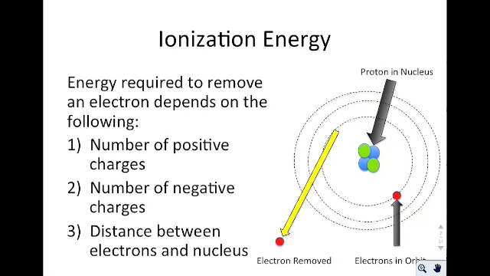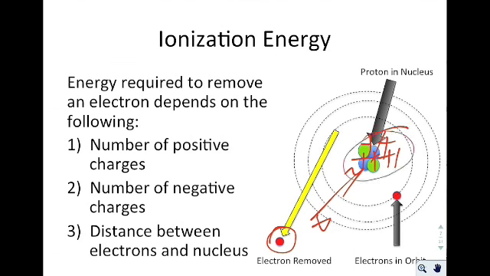When we talk about ionization energy, generally speaking, it is the energy required to remove electrons. The energy required to remove the electrons depends on a couple of factors, and we'll go into this in more detail in a later lecture. First, the number of positive charges: the more positive charges there are, the more difficult it is to remove a negative electron because opposites attract.